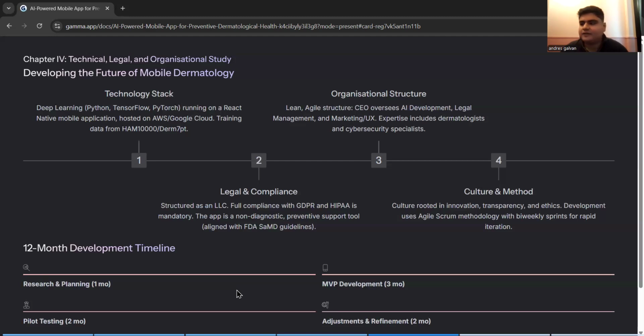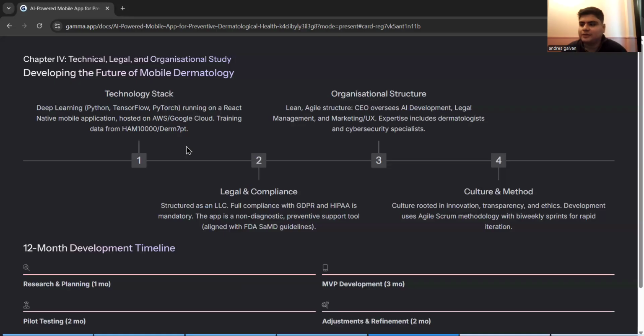technological study. Firstly, I would like to say that our goal here is to define the resources, the technologies, and the processes that are necessary to bring the application to life. This system is going to be using modern programming frameworks such as Python, TensorFlow, and PyTorch.